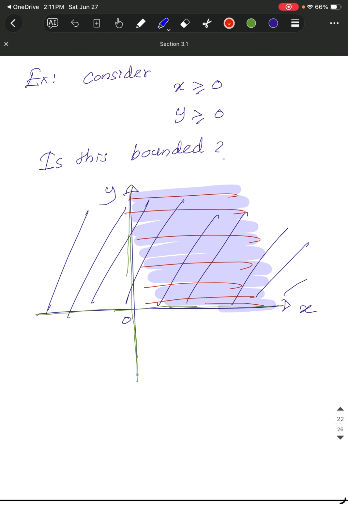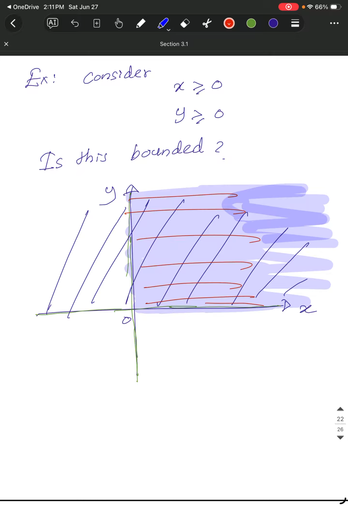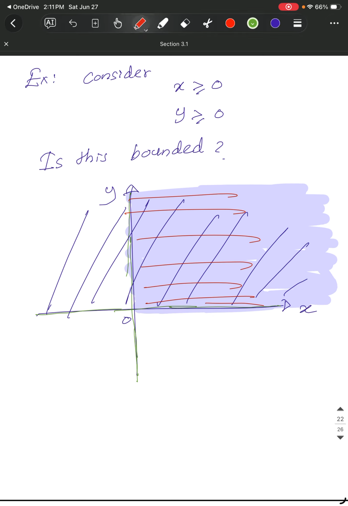The feasible region should be the first quadrant, because two regions satisfied here.